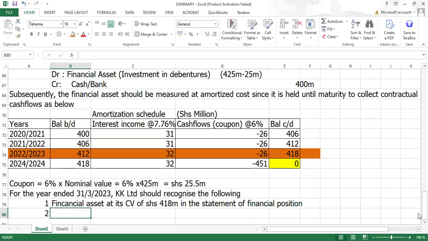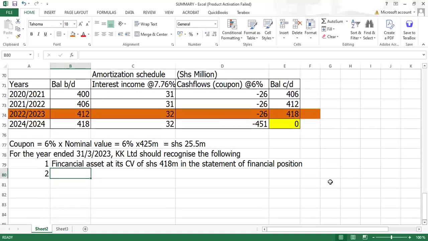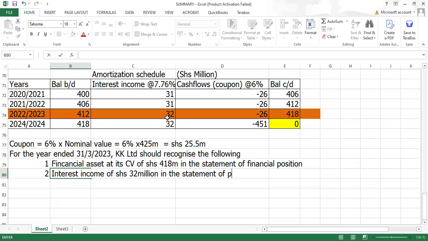Then number two, what can you recognize in your income statement? An interest. So you recognize an interest income of shillings 32 million in the statement of profit or loss.